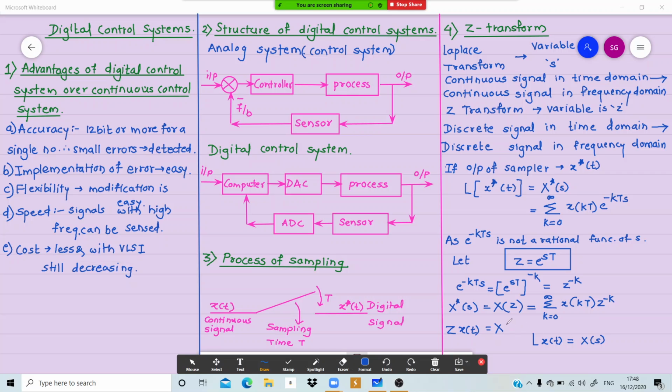Now this variable is definitely small, x of z, which is equal to summation of k equal to 0 to infinity, x of kt into z raised to minus k.